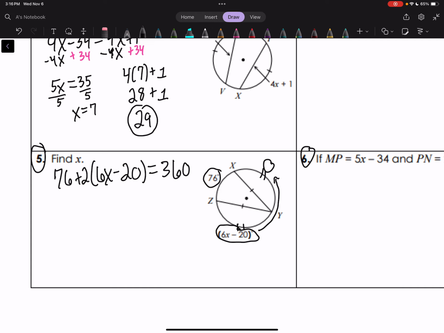If I subtract 76, I get 2 times 6x minus 20 is equal to 284. So 6x minus 20 is going to be equal to 142.